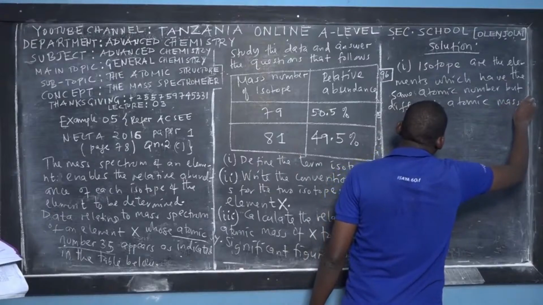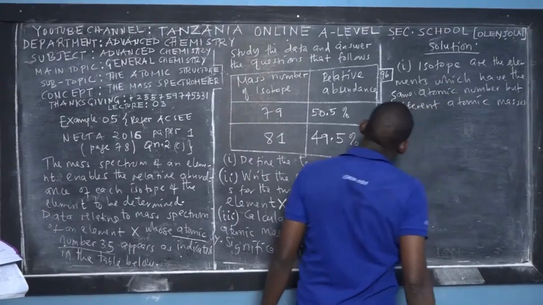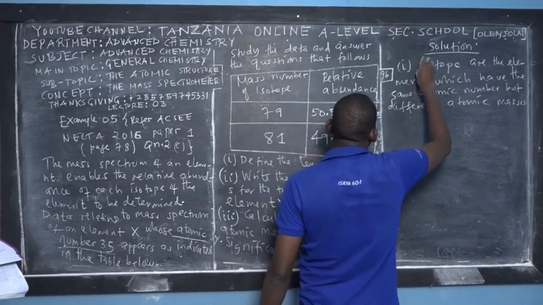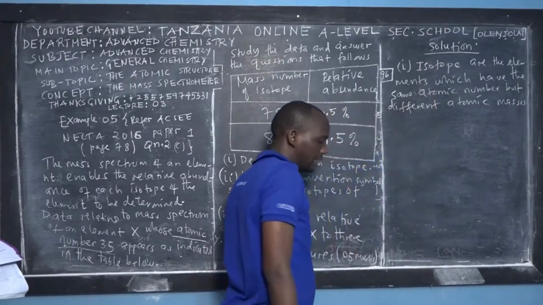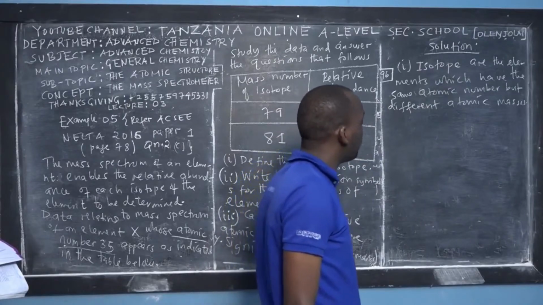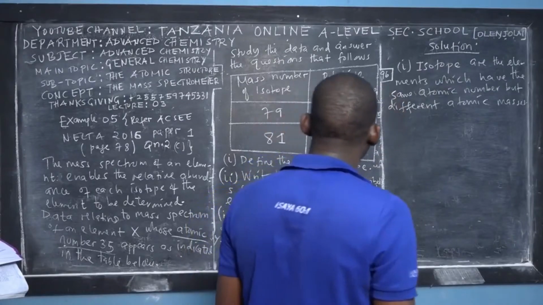Different atomic masses are the definition of the what? Isotope. Even if you may know the other ones, there are no problems.